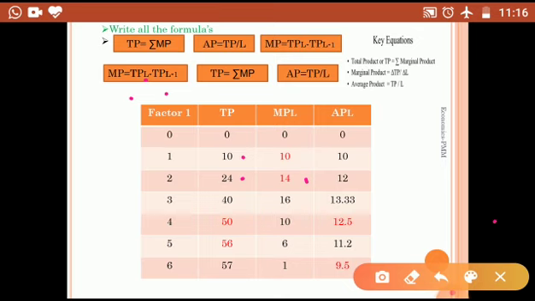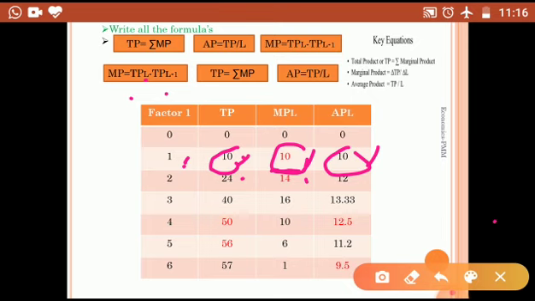And one more thing, here the first row was blank. As I discussed in the previous class, for the first unit, whatever value is there for TP, the same value will be for MP and AP. I hope you understood. I'll repeat it once again: the first unit, whatever the value or the output is, it will be the same for MP and AP.